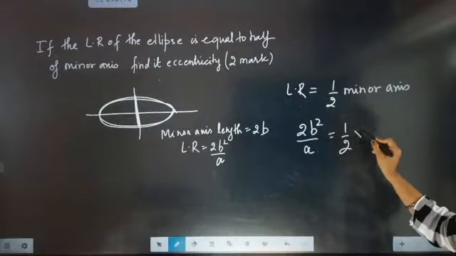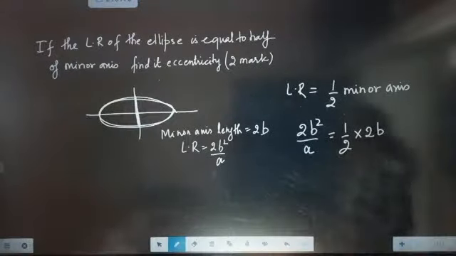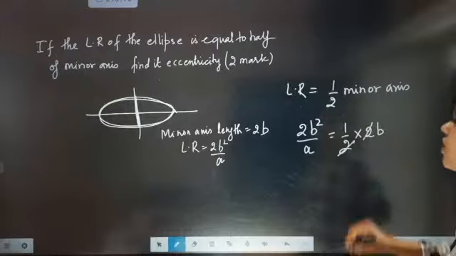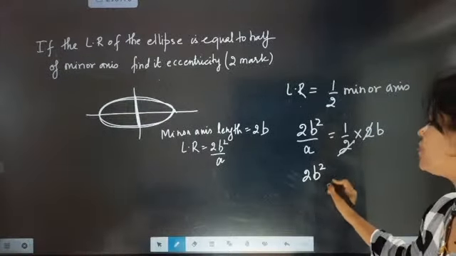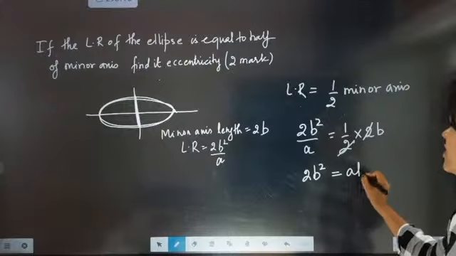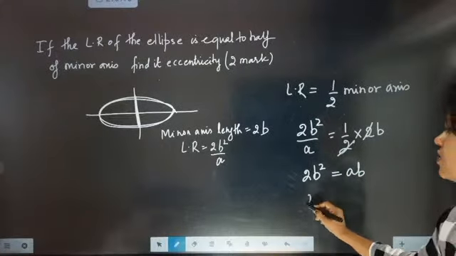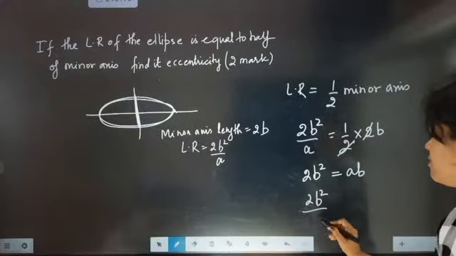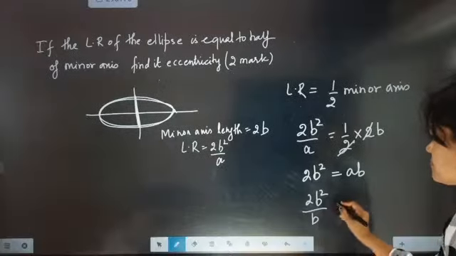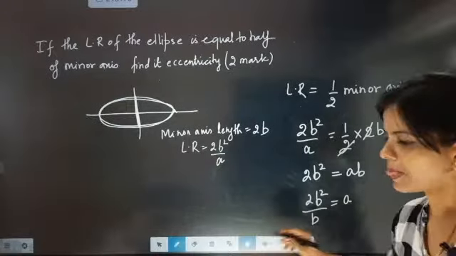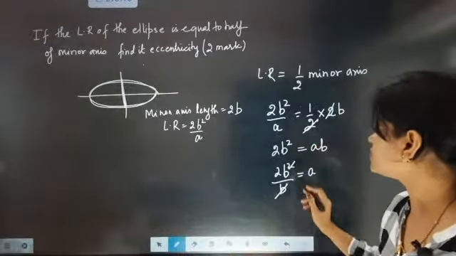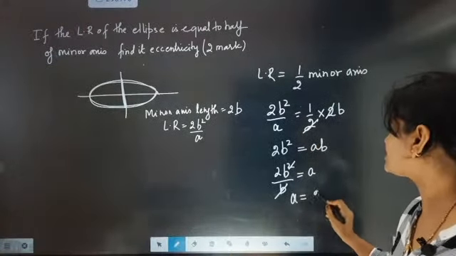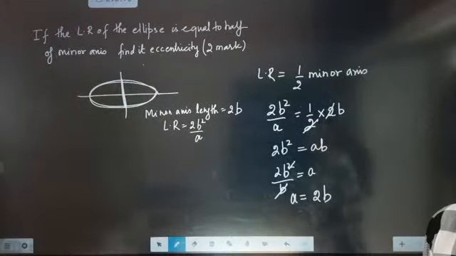Half of the minor axis, the minor axis being 2b, so the 2 and 2 get cancelled. Now what equation are you getting? You are getting 2b square equal to ab. Shift this b down, so 2b square by b equal to a. Now this and this get cancelled, so a is coming as 2b.